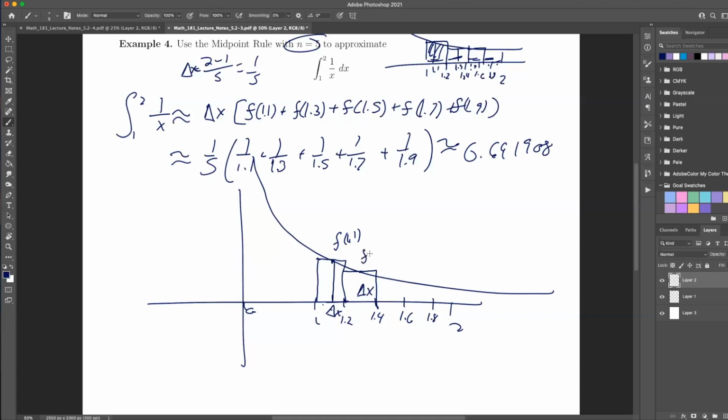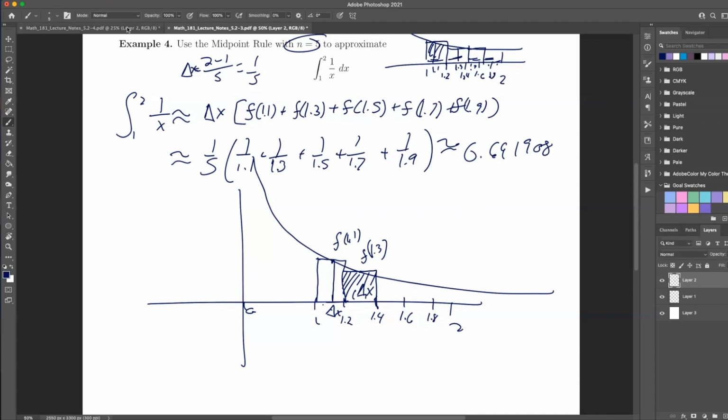So this will be f of 1.3 and so forth. Then you fill in each of these rectangles, and that gives our estimate. That's what the midpoint rule does.